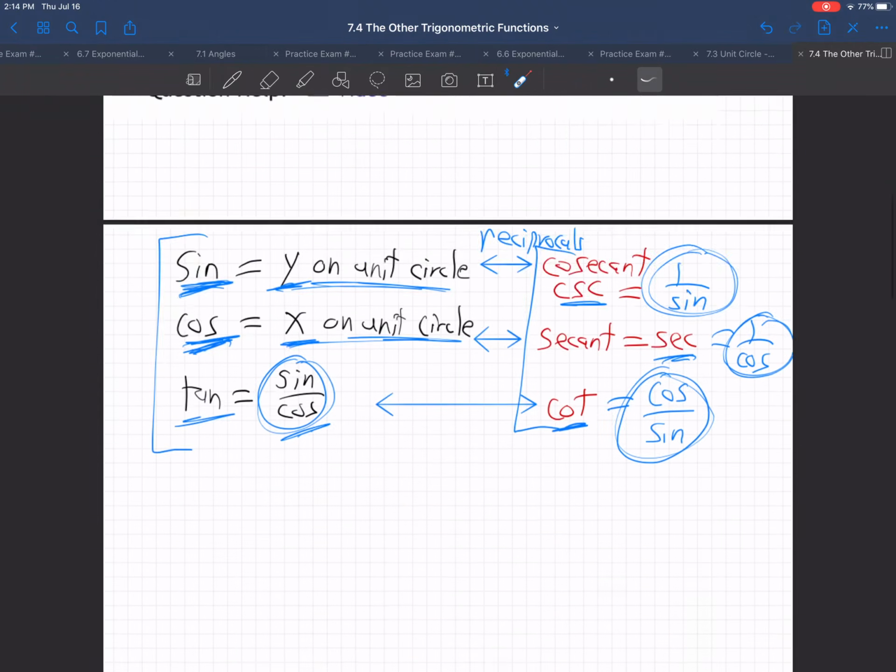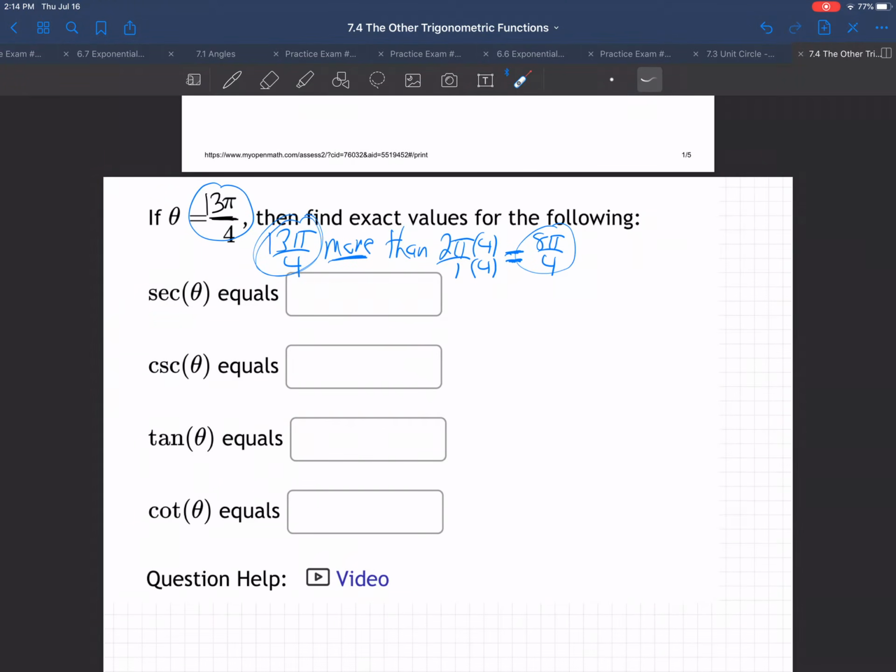Well, let's find the 'and then some.' Let's take the 13 pi over 4 and subtract this fancy 2 pi, 8 pi over 4, which leaves us with 5 pi over 4. This is what's left. So 13 pi over 4 goes all the way around and then 5 pi over 4 more.